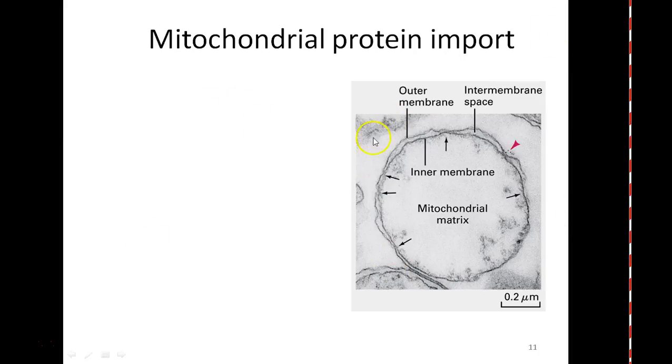This is a cross-section of a single mitochondrion. If you would take the organelle and cut it in half, and you would look from the top. So here's the outer membrane, inner membrane, matrix. And what you can see here are points where the outer membrane and inner membrane come into very close contact, as shown here with this red arrow.